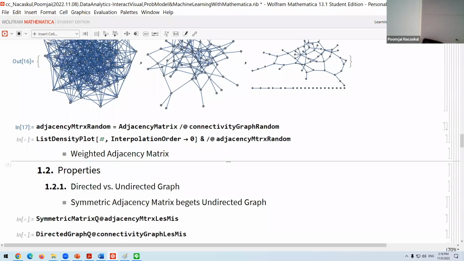So all you saw was that I can go back and forth: apply the adjacency graph function to a matrix, and it turns into a graph I can see. Or I can take a graph, apply the adjacency matrix function, and it turns into a matrix.